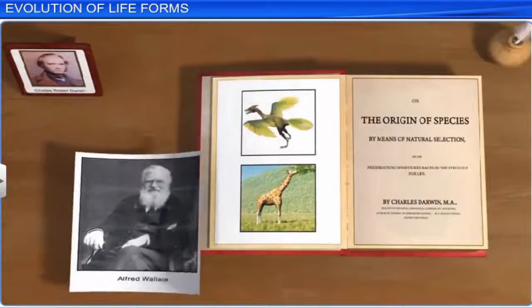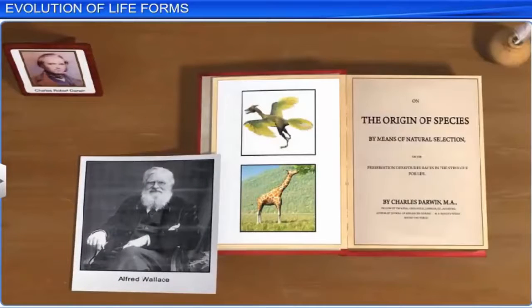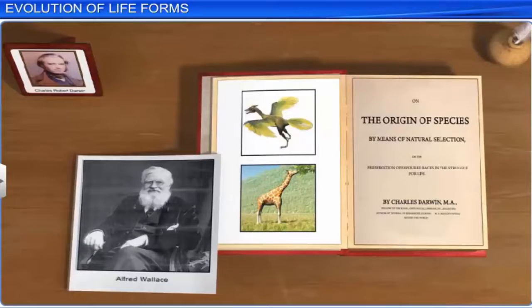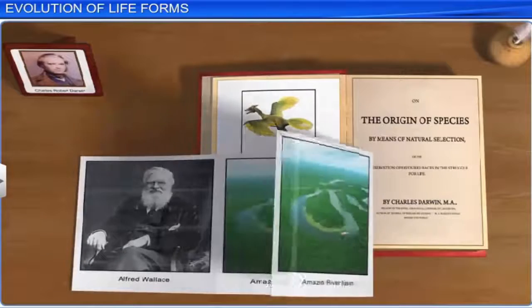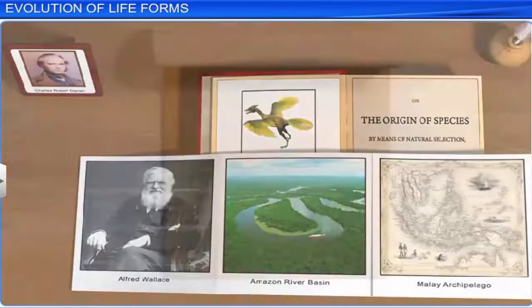Another British naturalist, Alfred Wallace, a contemporary of Charles Darwin, made similar observations by proposing the theory of evolution due to natural selection. Wallace did extensive field work in the Amazon River basin and the Malay archipelago.